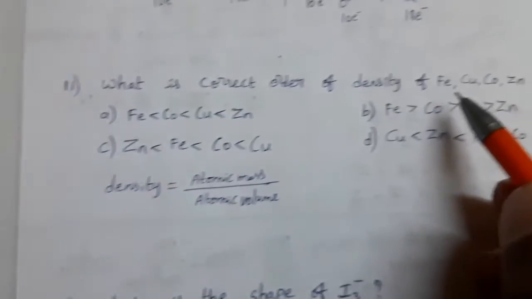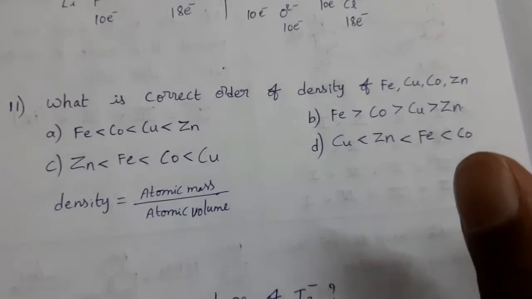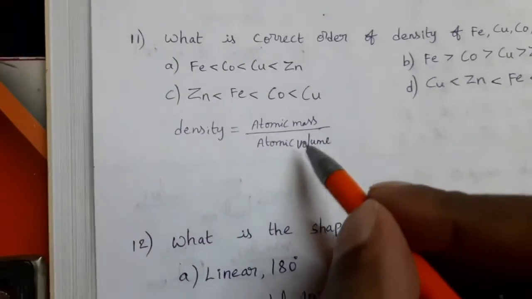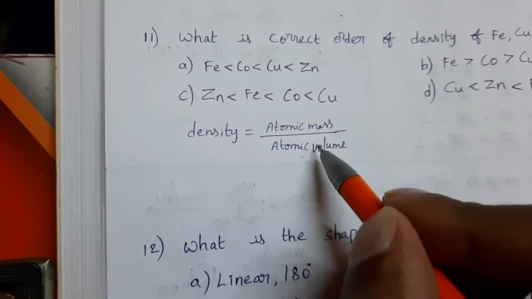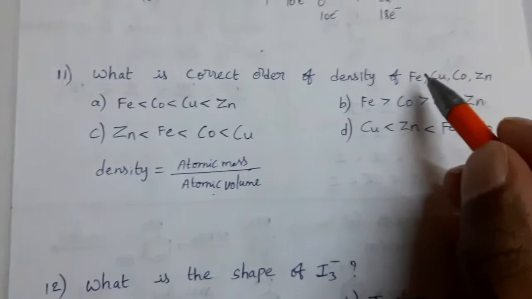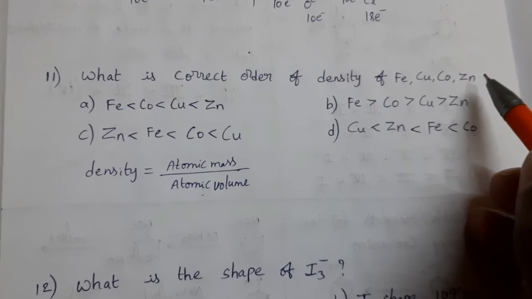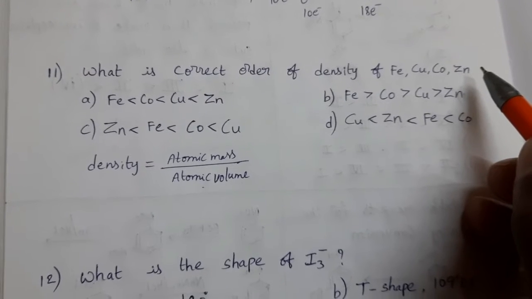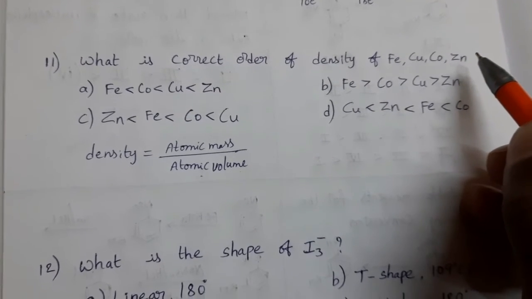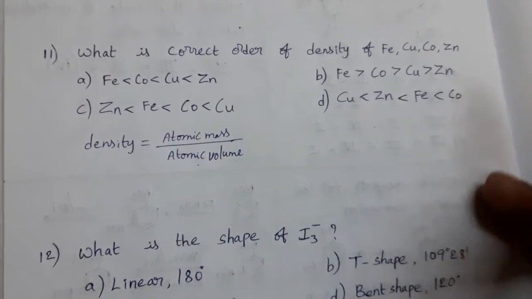Here from iron to zinc, atomic size decreases, so atomic volume decreases. This value decreases means what about density? Increases. So from iron to zinc, density increases.